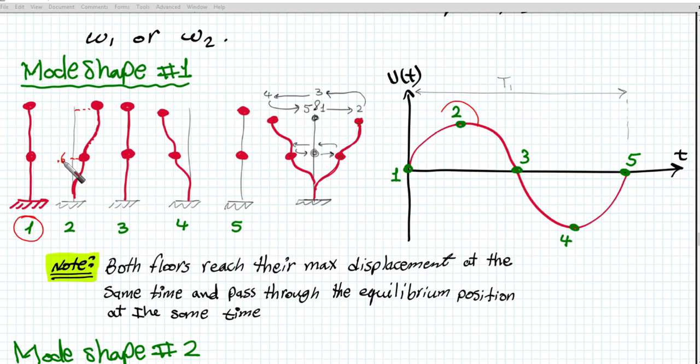It was 0.6 here as far as I remember and 1 here. Then it goes from point 2 back to position 3. This is position 3.